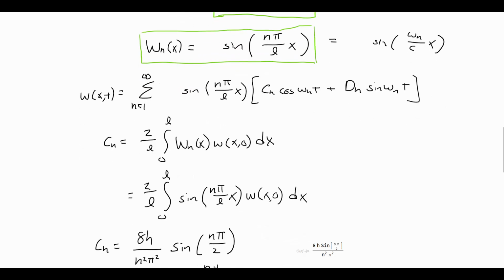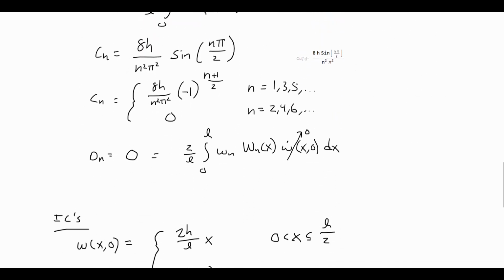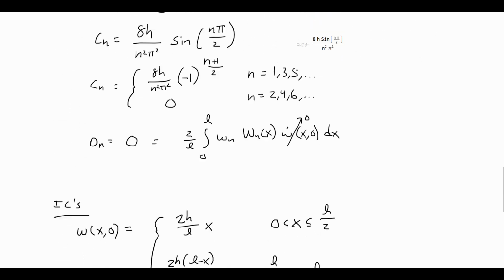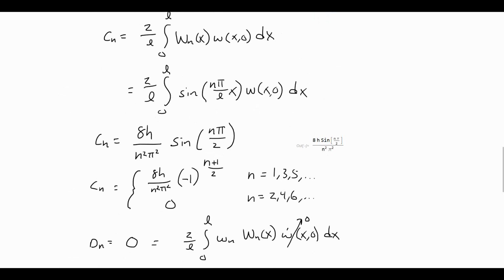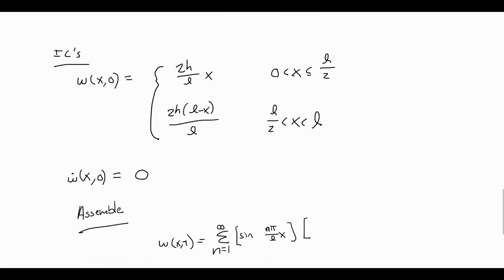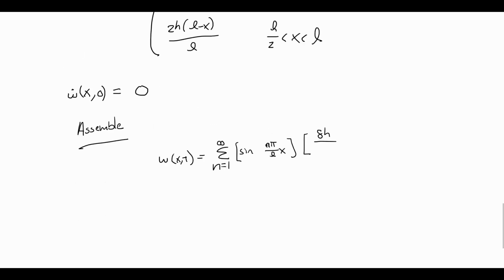So let's see what our Cn value was. We have it over here. We could do it as the piecewise, or I'll write it in the long form for the moment, with that sine n pi over 2. So we had 8h over the n squared pi squared sine of n pi over 2.